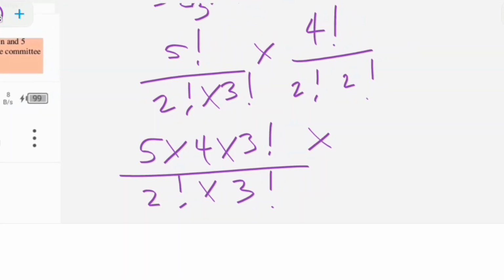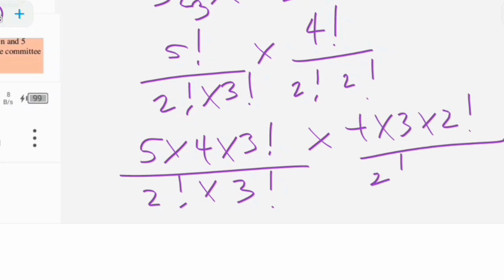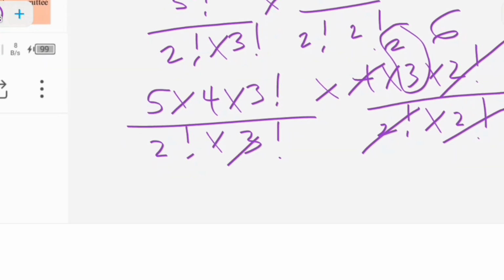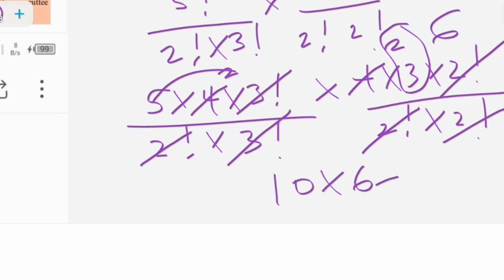Then 4 factorial is 4 times 3 times 2 factorial. The 2 factorials cancel out. Everything on this side is 6, so that cancels, giving you 2. 2 times 5 is 10, so you have 10 times 6. The answer is 60. So that will be 60 ways of picking that committee.